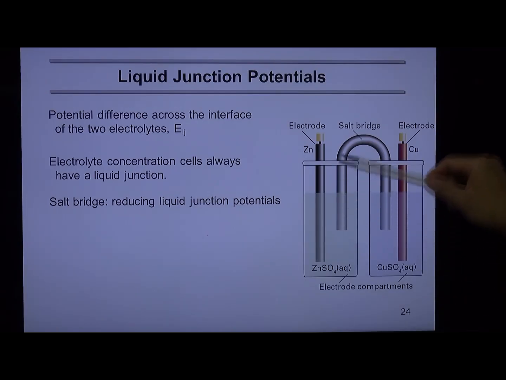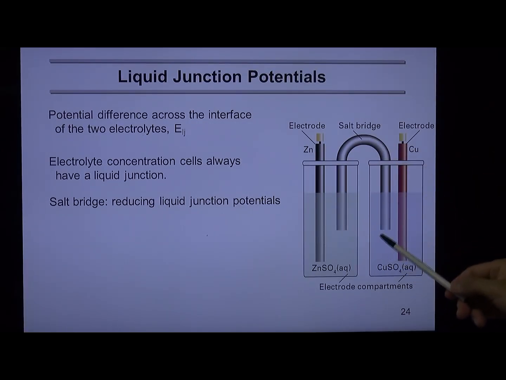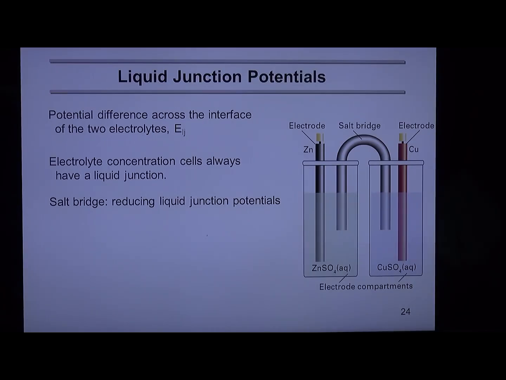So basically it completes the electrical circuit between these two different liquids. By using these concentrated electrolyte solutions, we can, not totally, but sometimes highly reduce the liquid junction potential between these two different electrolyte solutions.